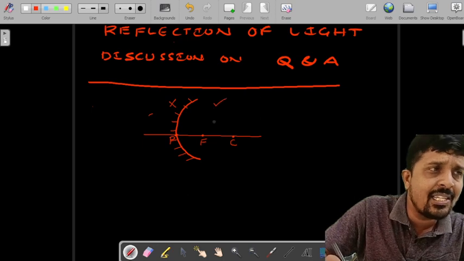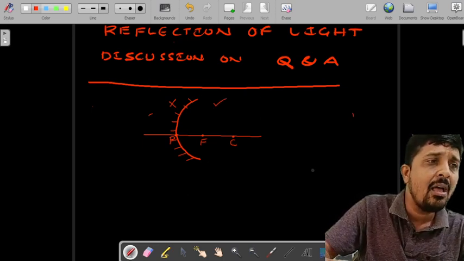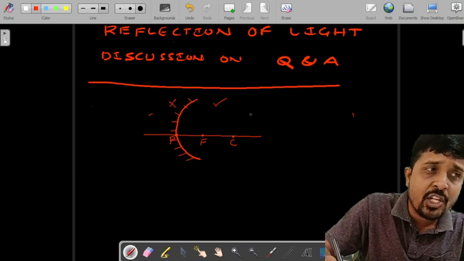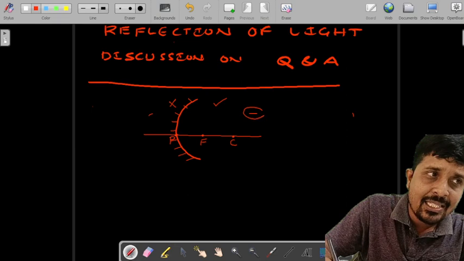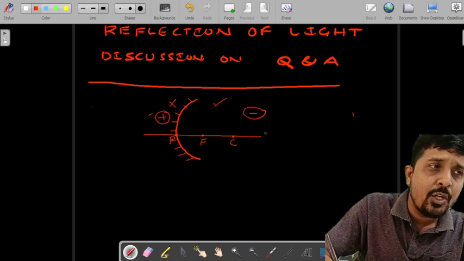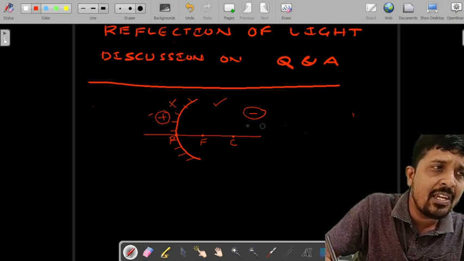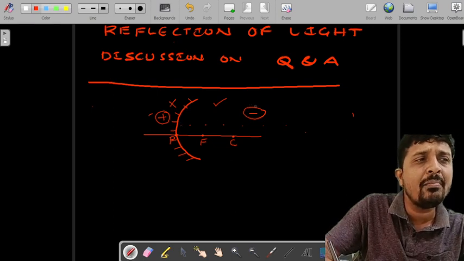The only side is this, so in this entire area I can place the object. The direction in which you place the object is called minus, and the opposite is called plus. So wherever you place the object, this entire side is negative.